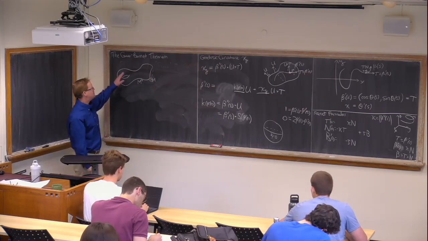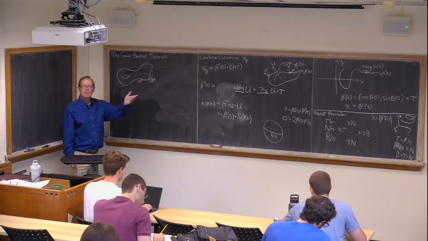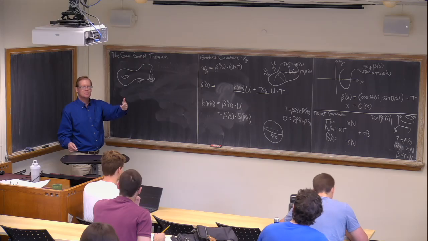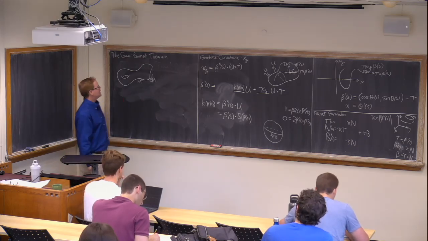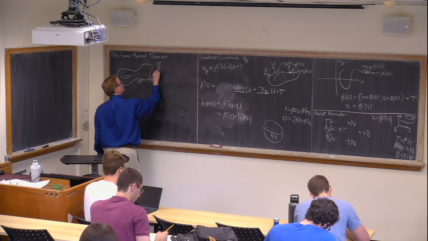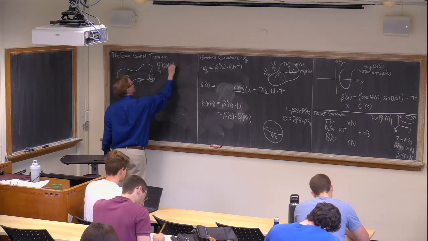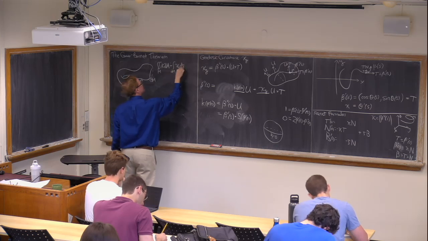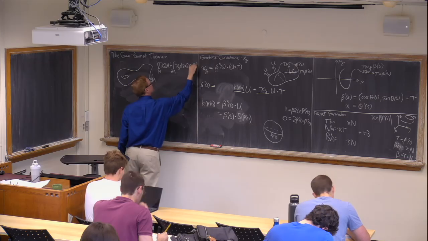The boundary of a two-dimensional surface is a one-dimensional thing, and a one-dimensional bounded thing has to be a circle. All the closed one-manifolds are just circles. And so the Gauss-Bonnet formula says that the double integral over M of the Gauss curvature times the area form plus the integral over the boundary of M of the geodesic curvature ds always equals 2 pi times the Euler characteristic of M.